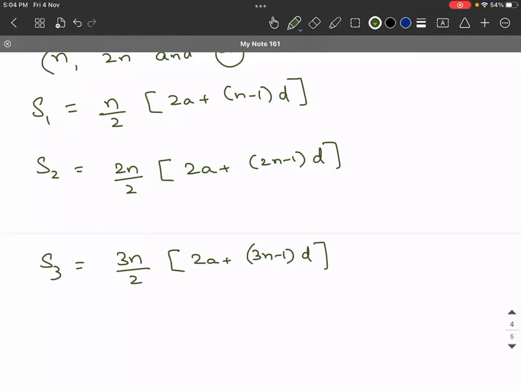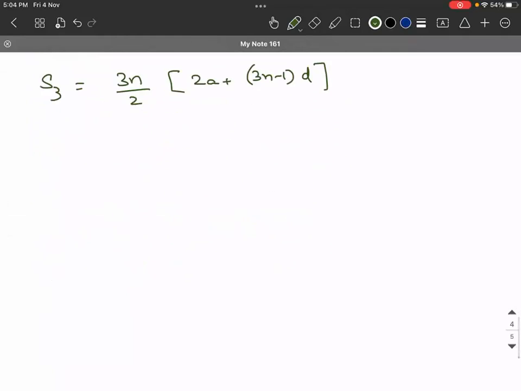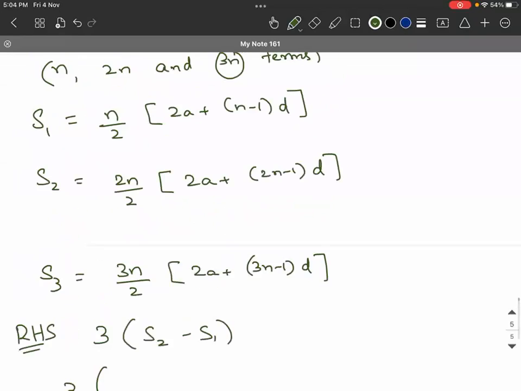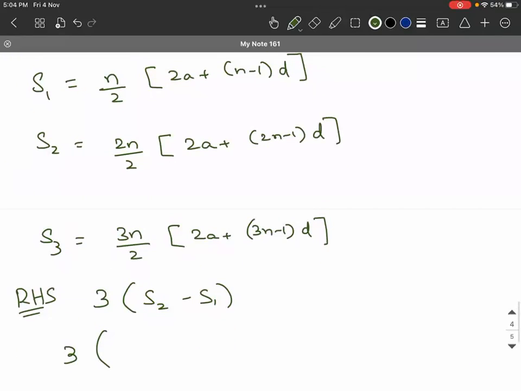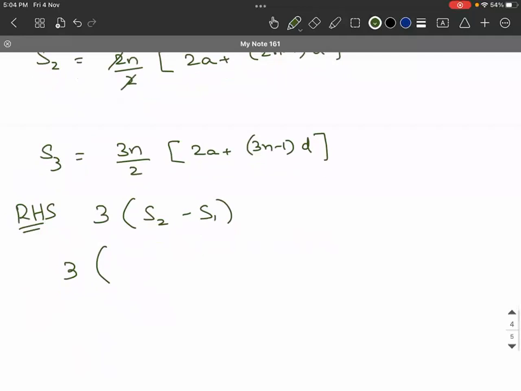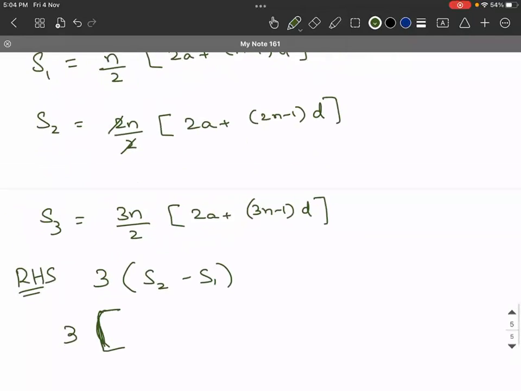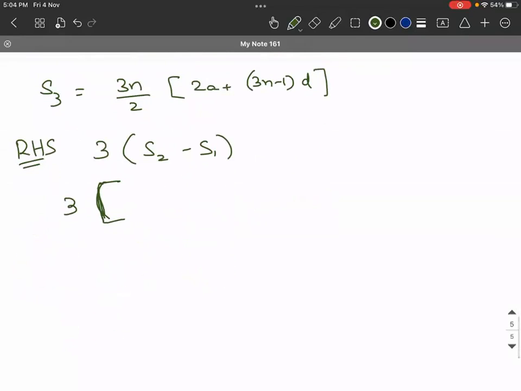Yes, sir. Okay. So if I take the RHS, that looks more complicated to my eyes. I need to take 3 into (S2 minus S1). So 3 into, what is S2? 2 and 2 will get cancelled. I'll use a square bracket because I have multiple brackets.